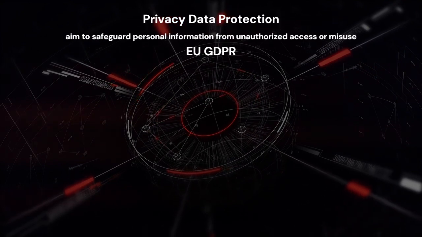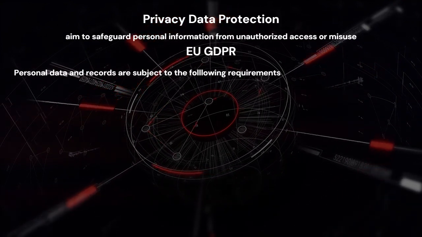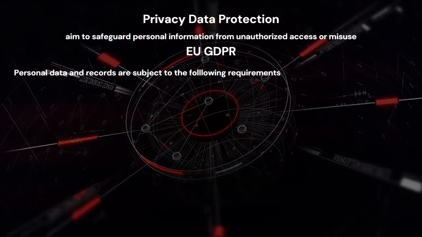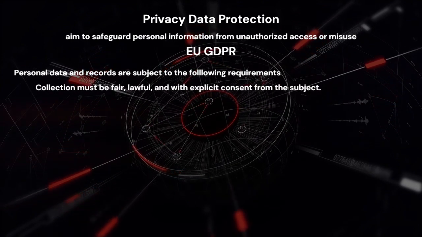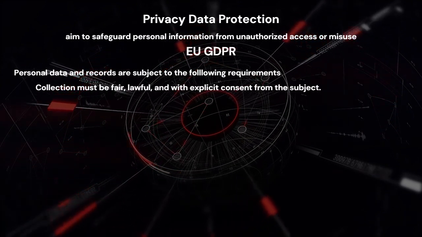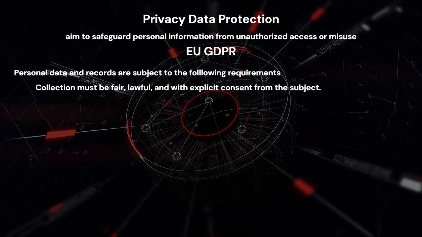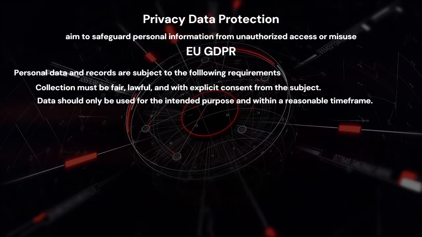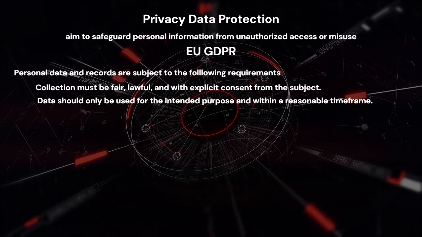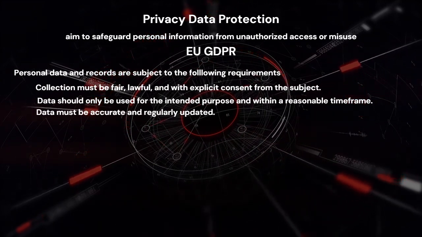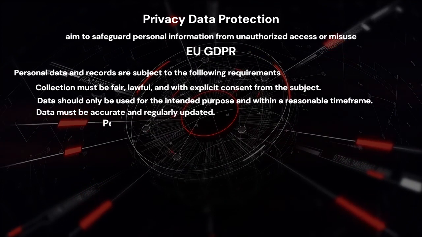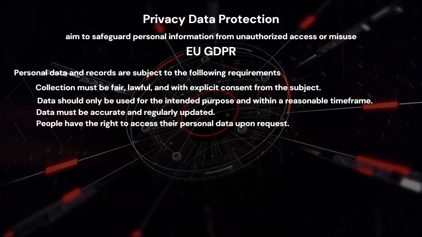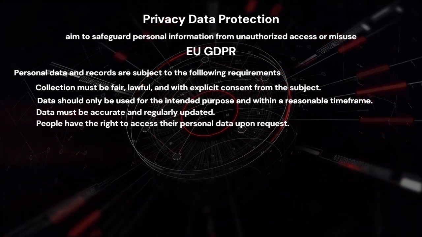Under the EU GDPR, personal data and records are subject to the following requirements. Collection must be fair, lawful, and with explicit consent from the subject. Data should only be used for the intended purpose and within a reasonable time frame. Data must be accurate and regularly updated. People have the right to access their personal data upon request.